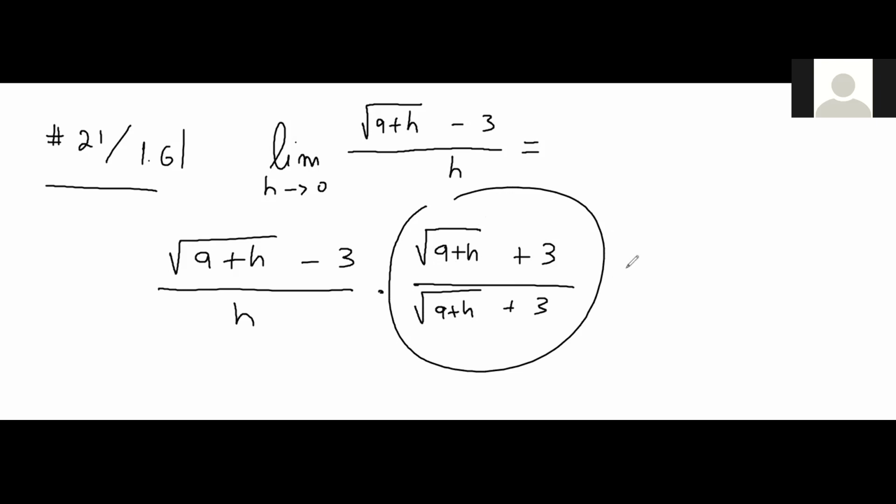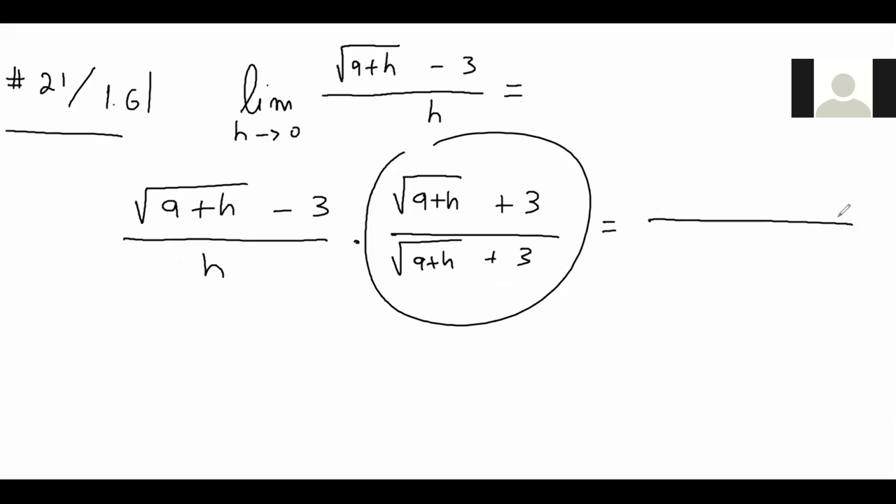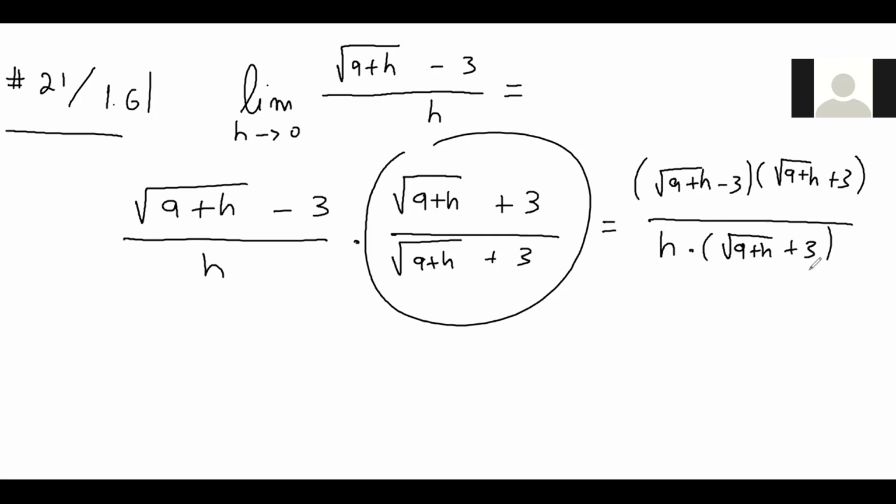And the trick that I taught you goes like this. So we're going to multiply, on levels now. So we're going to multiply square root of 9 plus h minus 3 times square root of 9 plus h plus 3 divided by h times square root of 9 plus h. First, we write them nicely like that, so we see what's happening, and then we do other things.